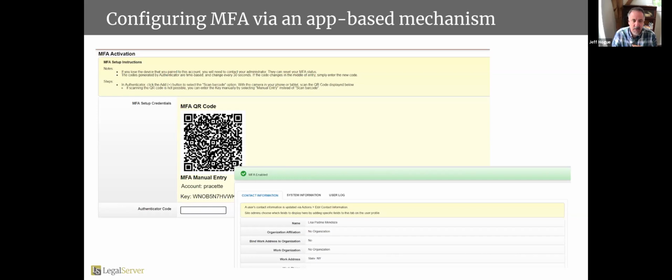You scan this QR code, and behind the scenes a temporary one-time code is sent out about every minute or so, and it changes. So it's like a password that changes a lot, and that you only get if you have this app on your phone, and that's how that works.